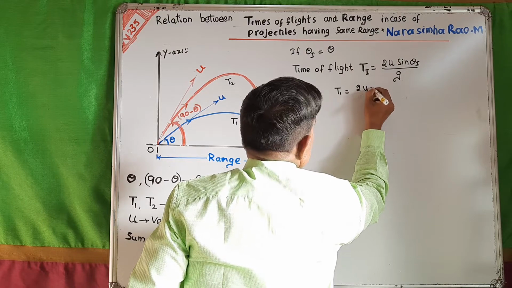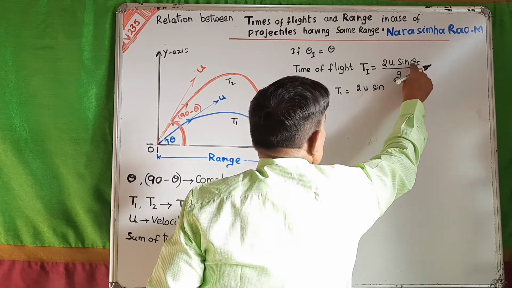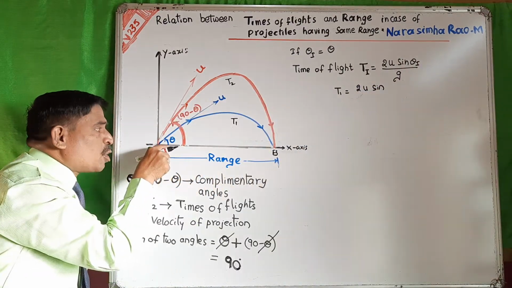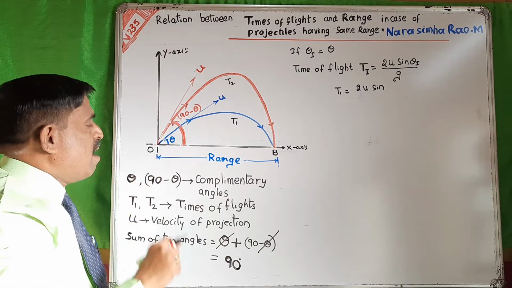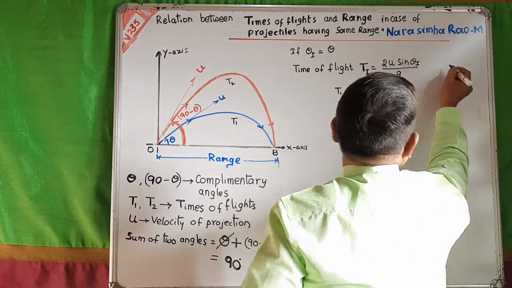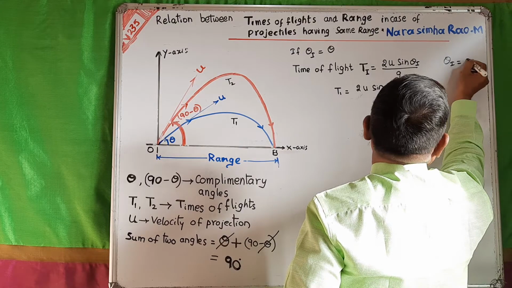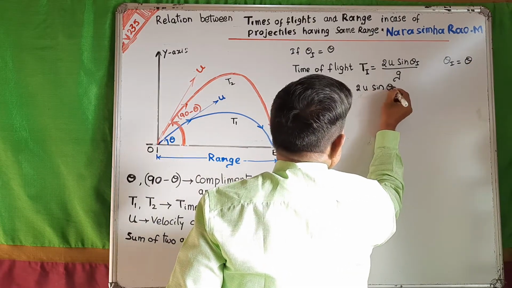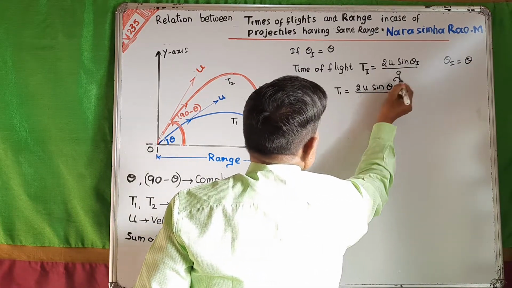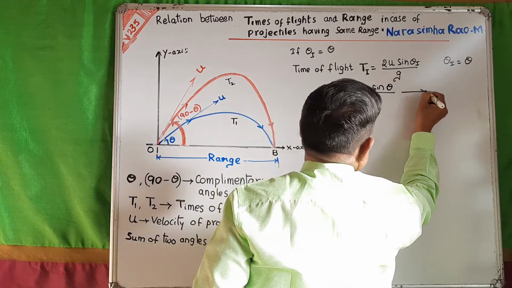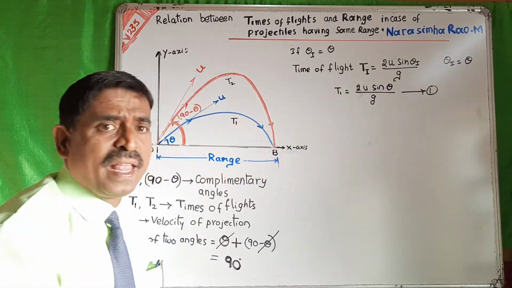First time angle of projection theta 1 is equal to theta, so T1 is equal to 2u sin theta by g. It is equation number 1.